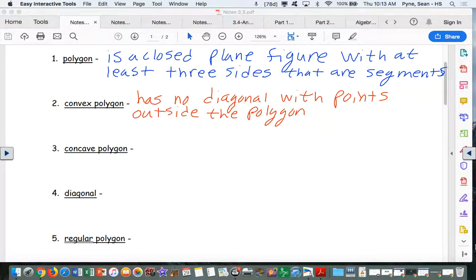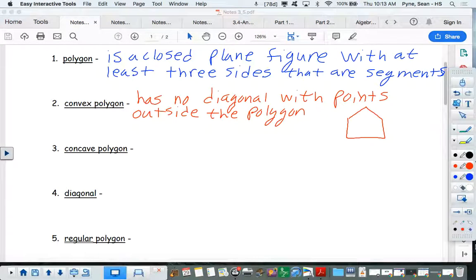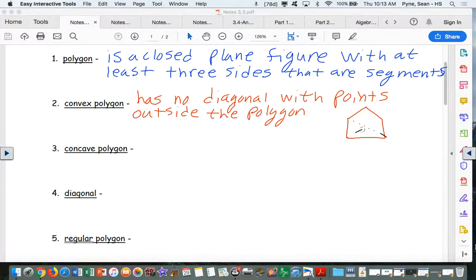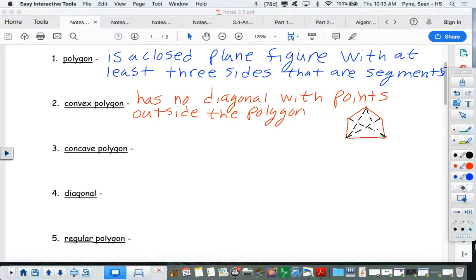To make sure you understand what this looks like, I'm going to draw a pentagon. If I draw diagonals connecting the different vertices, you'll notice that none of these are outside the shape. So that's a convex polygon.